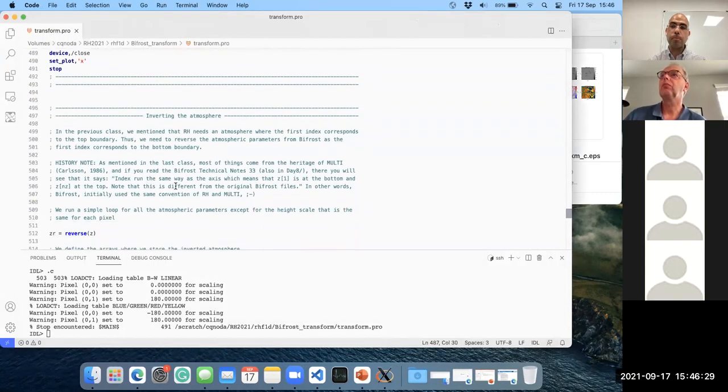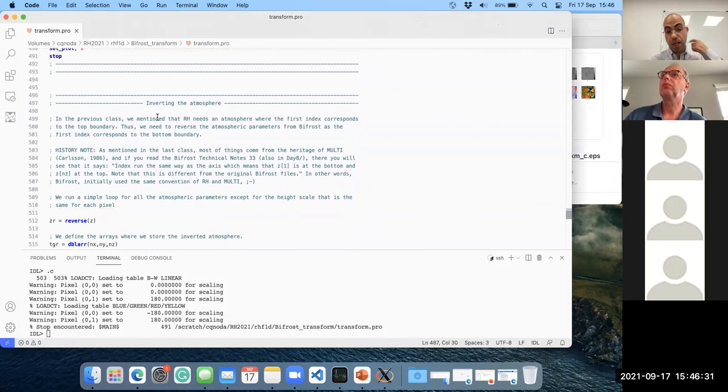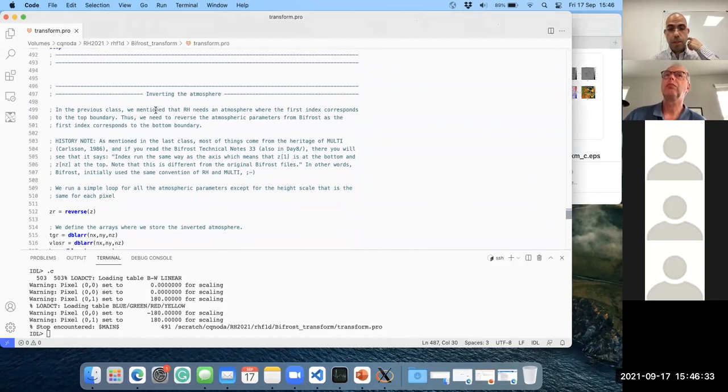The next step is, as I said, inverting the atmosphere. The idea is that, if you remember, in the previous class, we said that the first index of each atmospheric parameter should be that parameter at the top boundary of the atmosphere. And in the case of Bifrost, of this simulation, if you go to the technical note, they tell you that it's the opposite. So we need to reverse that.